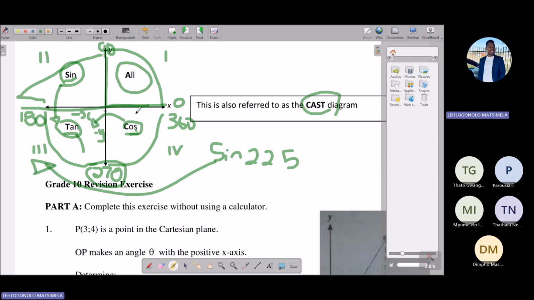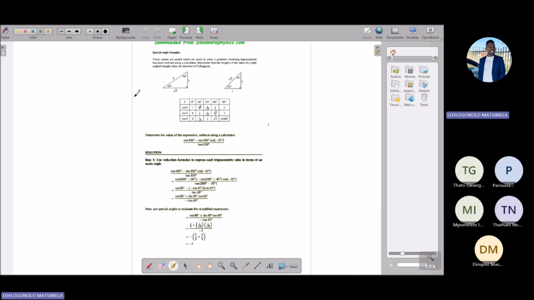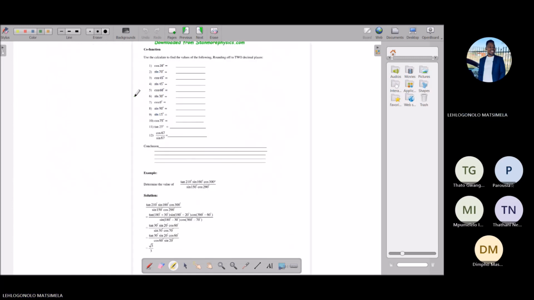All of them on the first quadrant are positive. So this is just for your knowledge and to help you understand it. Now let's get to the basics. This other part is just a reduction, to reduce an angle referring to the quadrant. We'll come back to this part when we do the next topic in the other lessons.